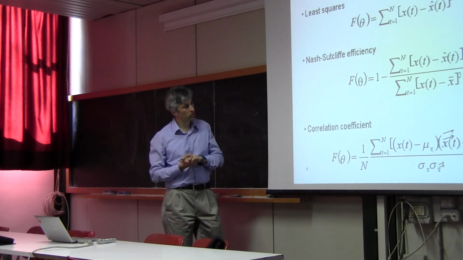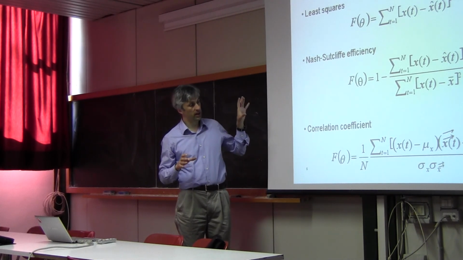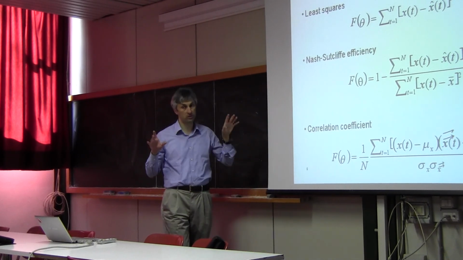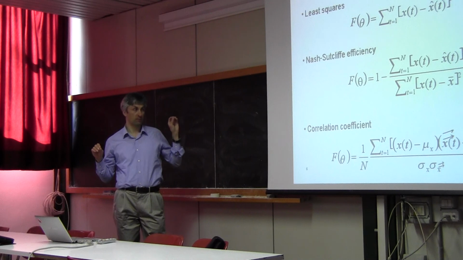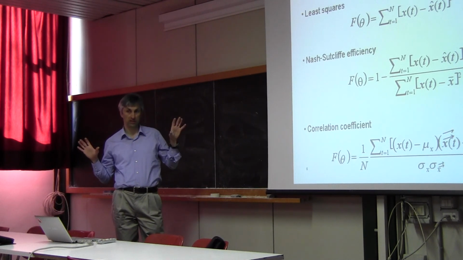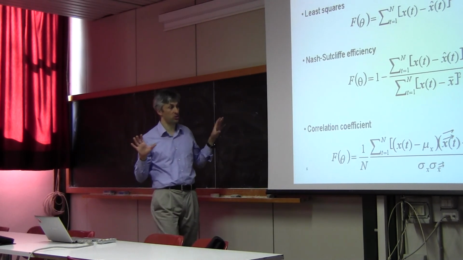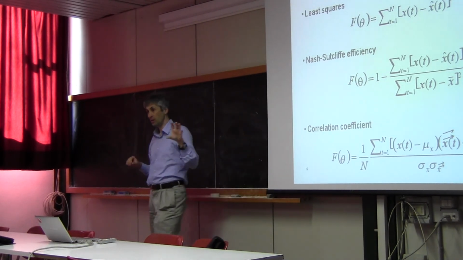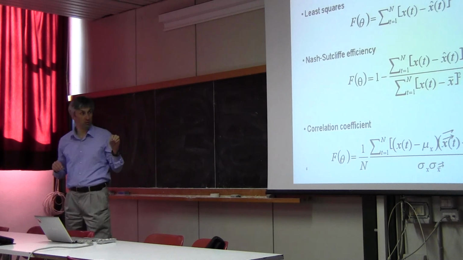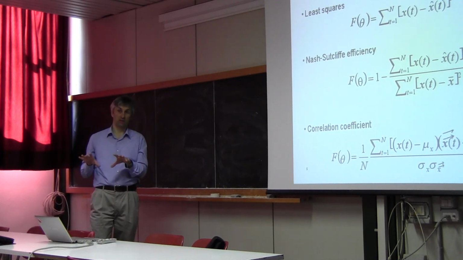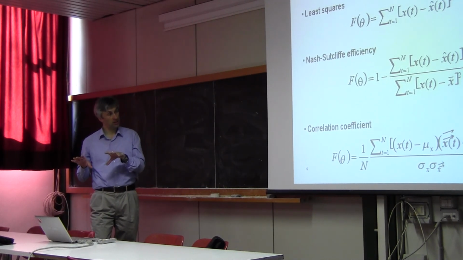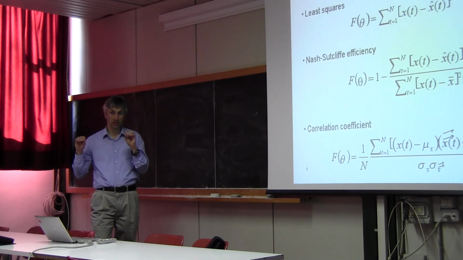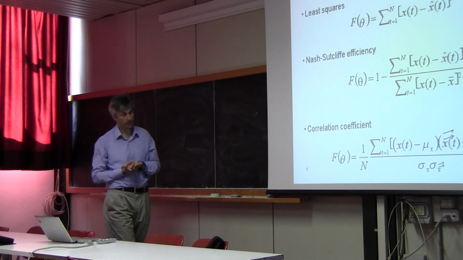Therefore, I introduced to you the issue of calibration, and I mentioned two different approaches, which are manual calibration and automatic calibration. For automatic calibration, we need to define an objective function in order to put the computer, the code, the program, in the condition of evaluating the goodness of the simulation, the goodness of the fit.